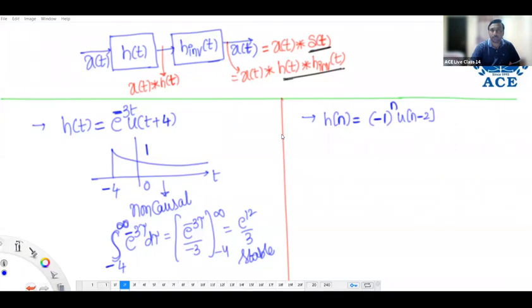Now you respond for the discrete system. Minus 1 whole power n u of n minus 2. Think and respond. Same characteristics I want.